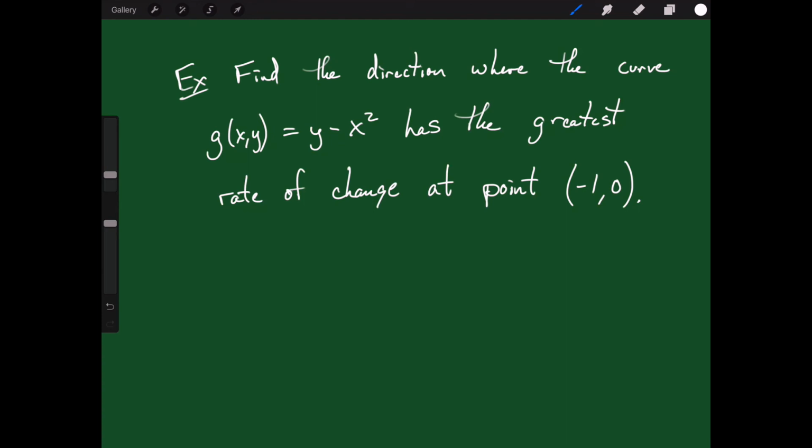Okay. So I know that the place where a curve is going to have its greatest rate of change is in the direction of the gradient vector. Now, a key word here is direction. Direction is always defined by a unit vector. So what I want is a unit vector that points in the same direction as my gradient. So what's the gradient, first of all?